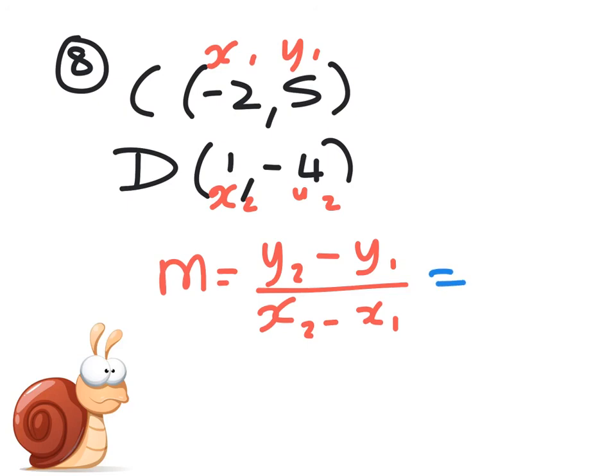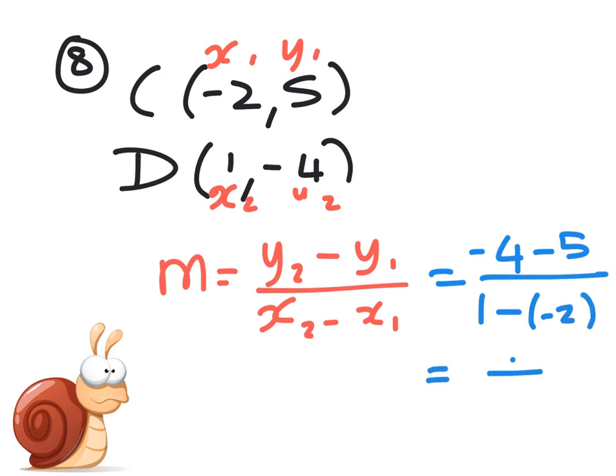So y2 take away y1, negative 4 take away 5 over, and then it's x2 take away x1, 1 take away negative 2. So work out the top, work out the bottom, cancel it all down, get your answer.